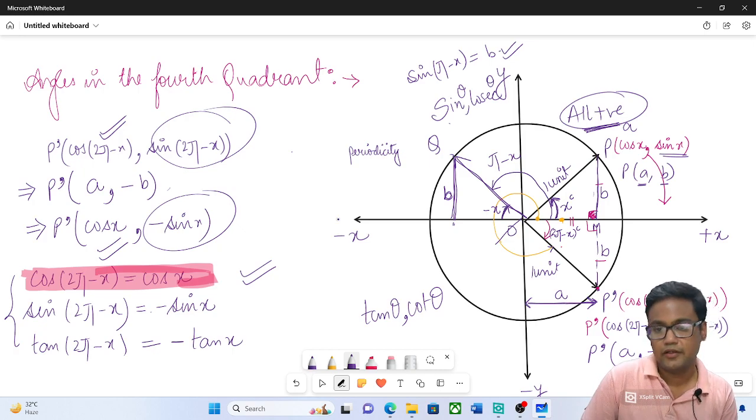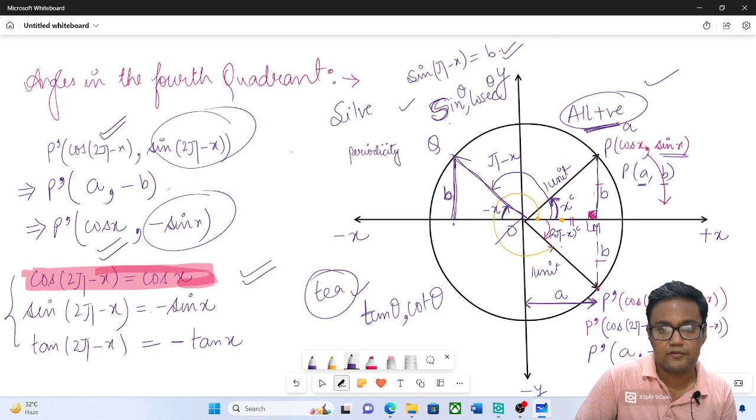So A for All, S for Sin, S for Silver, T for Tea, T E A, All Silver Tea, and C is for Cos, C is for Cups. All Silver Tea Cups.